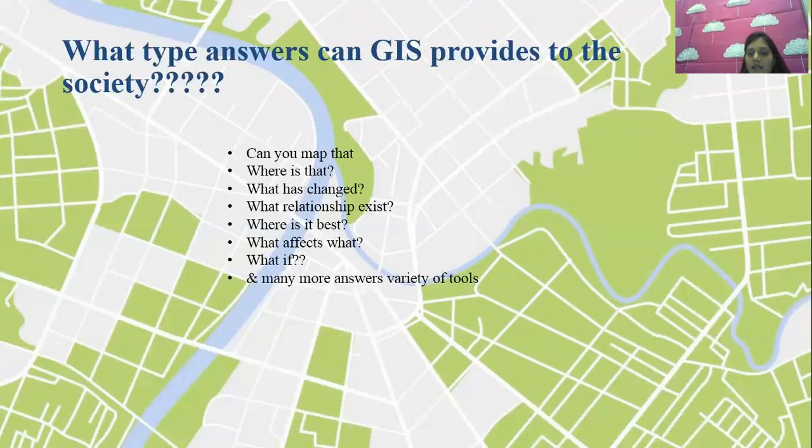So if I have data and a proper analysis portion, GIS by using various tools, I can decide how it is useful to me, to the public, or to each and every one. And yes, there are many other questions that can be answered by this. So thank you students. Next we will discuss in detail what is GIS.